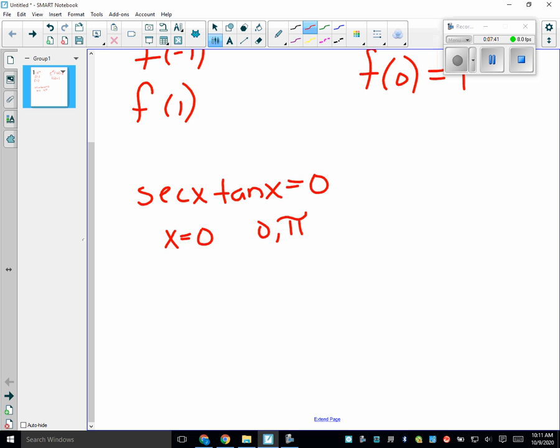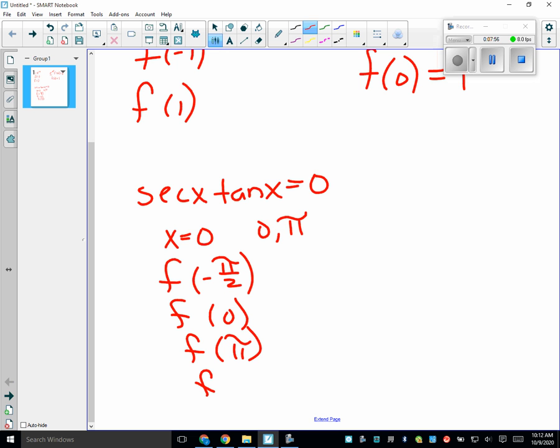And 2 pi? 2 pi is not in my interval. So now I have to do f of negative pi over 2, f of 0, f of pi, and f of 3 pi over 2, and decide if each one is a min or max.